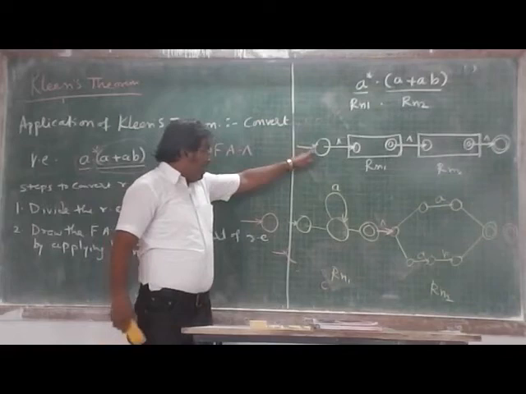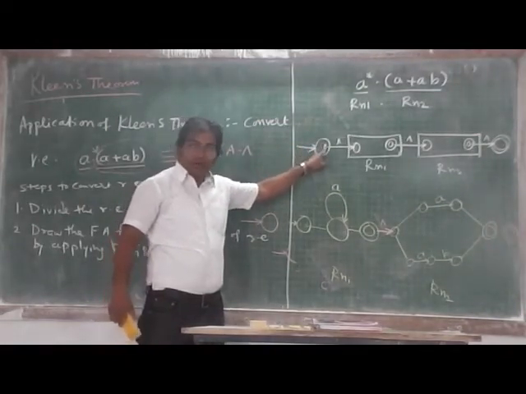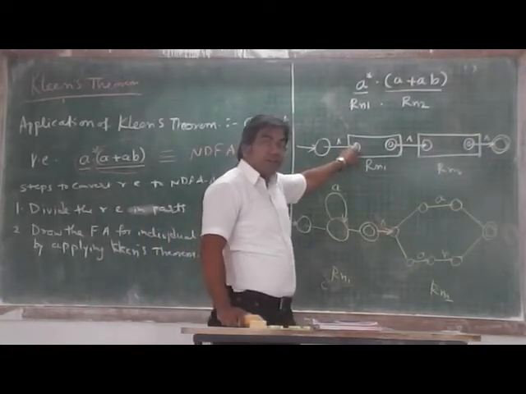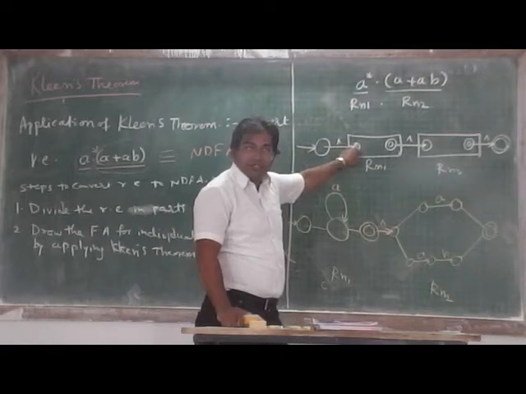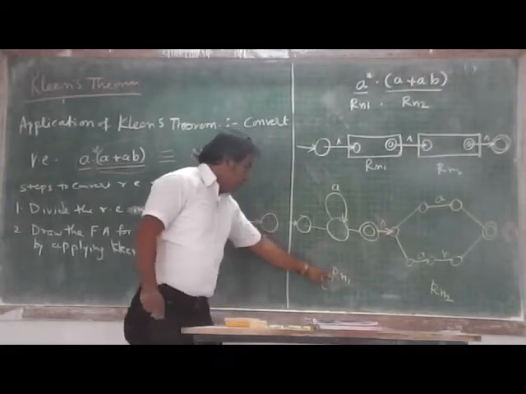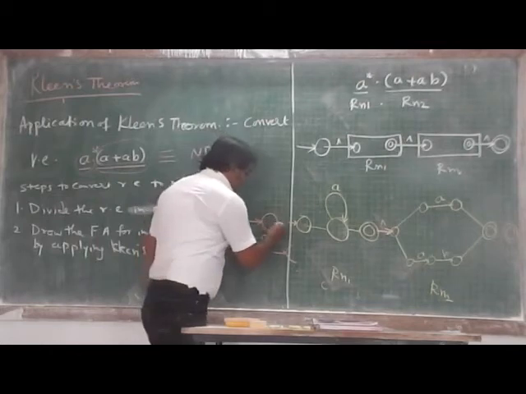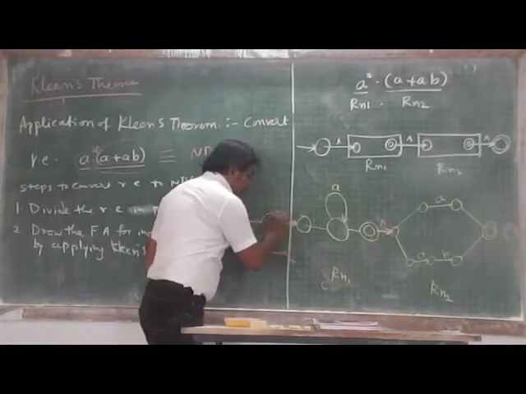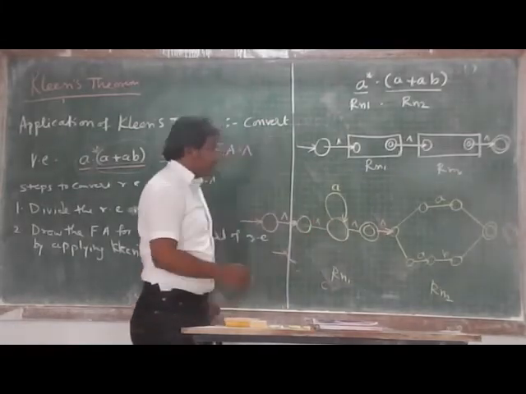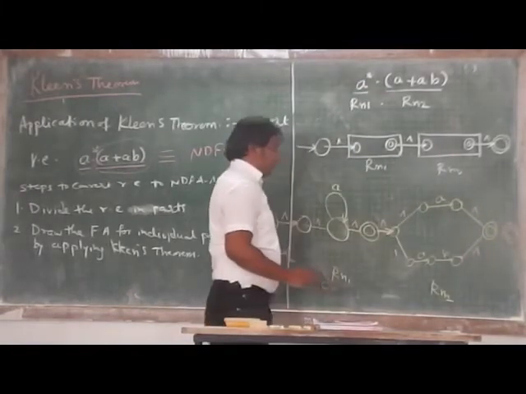What do I do? I connect the newly introduced initial state with the initial state of Rn1. In our case, the initial state of Rn1 is this one. Okay? By a null transition. Here the transitions are also null.